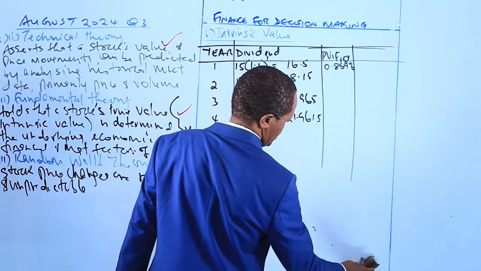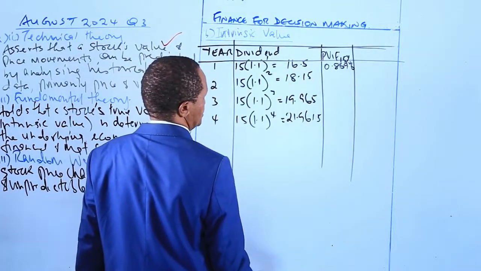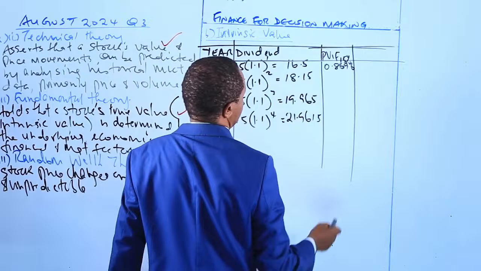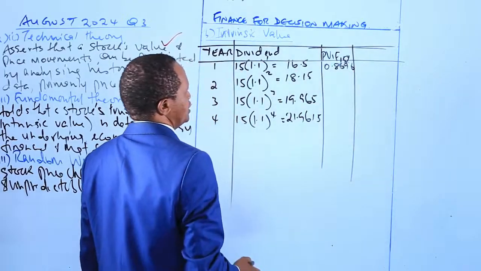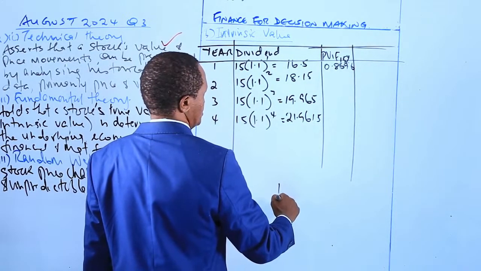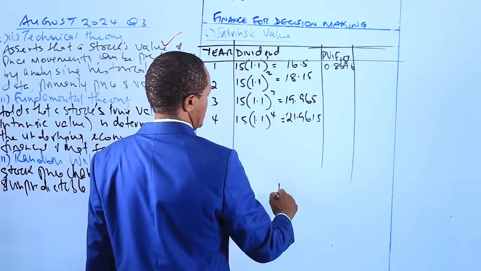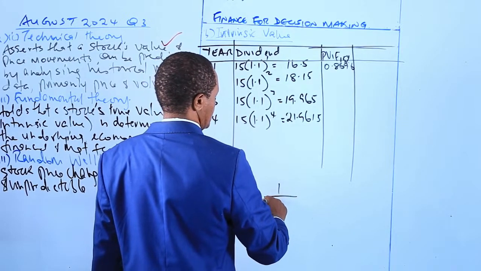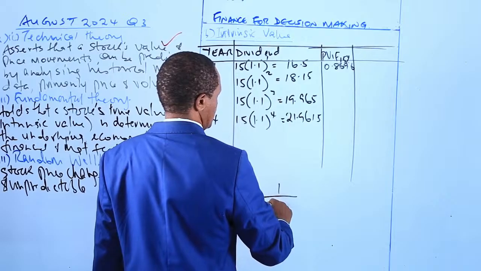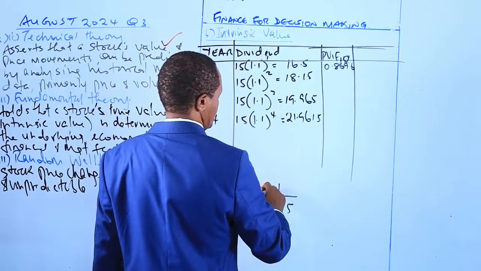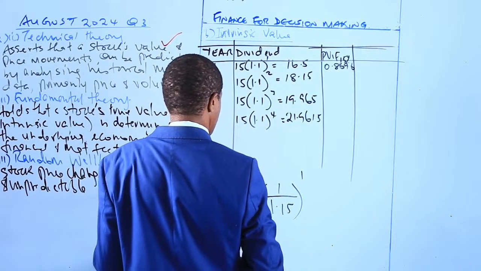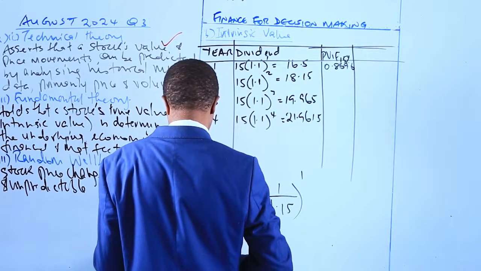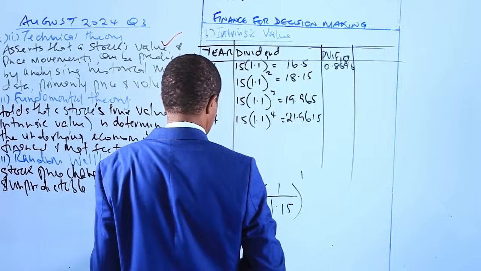Now, if you don't have a table, there's an alternative way of getting this interest factor. That will be 1 over 1.15 raised to 1, so 1 divided by 1.15, which gives 0.8696. This is how you get it.